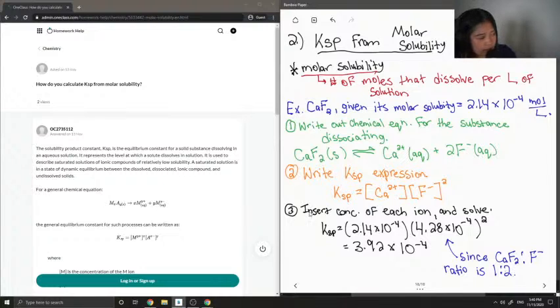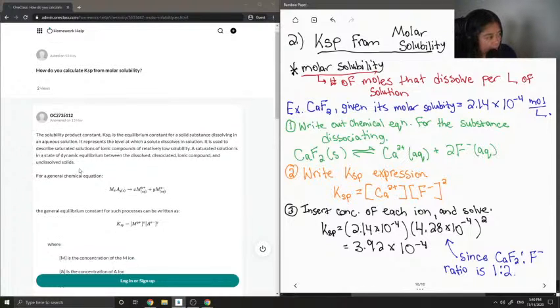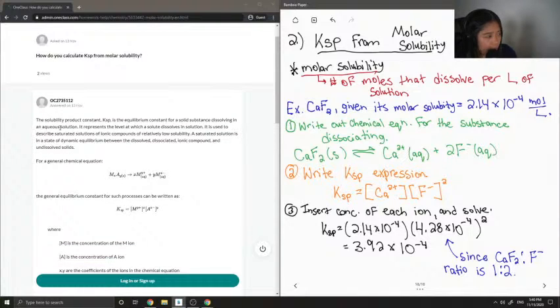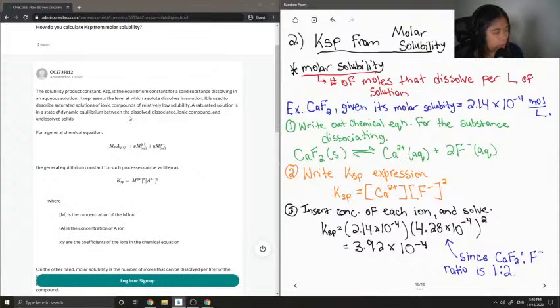Okay, so let's see what our junior tutor said about this question. The solubility product constant KSP is the equilibrium constant for a solid substance dissolving in an aqueous solution. It represents the level at which a solute dissolves in a solution, and it is used to describe the saturated solutions of ionic compounds with relatively low solubility.